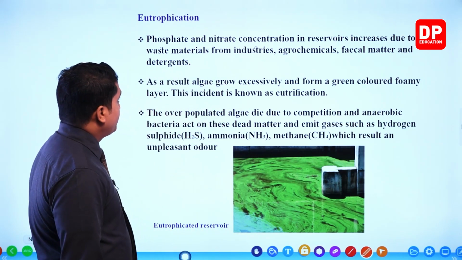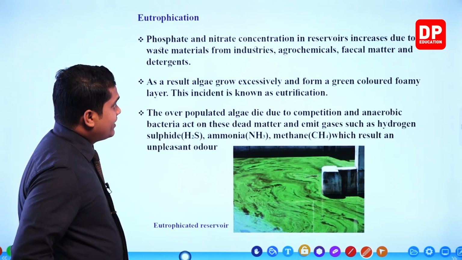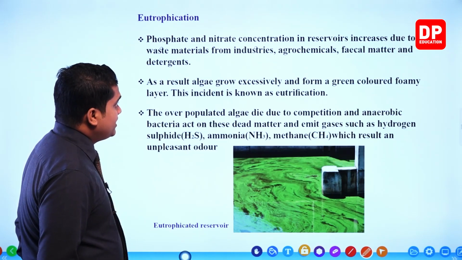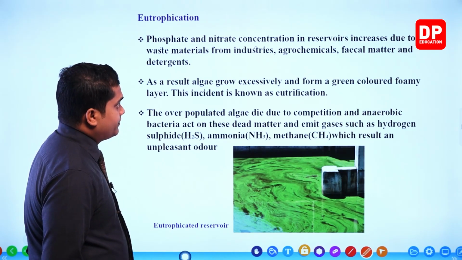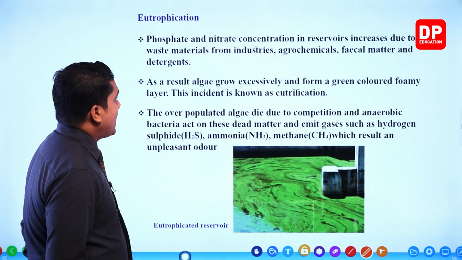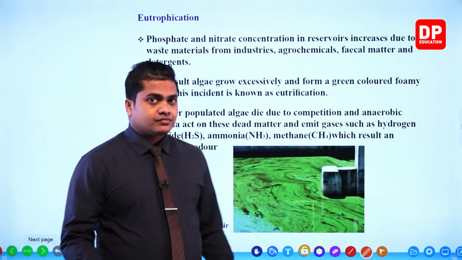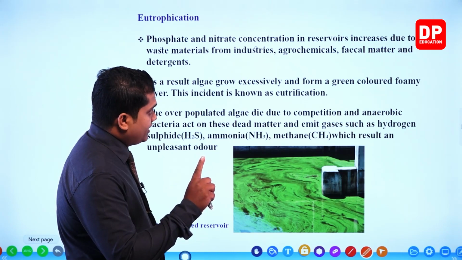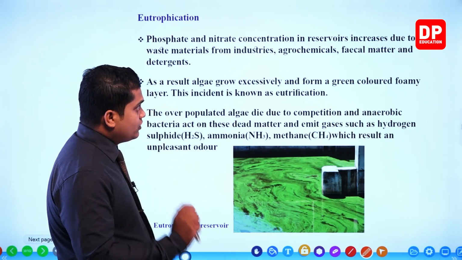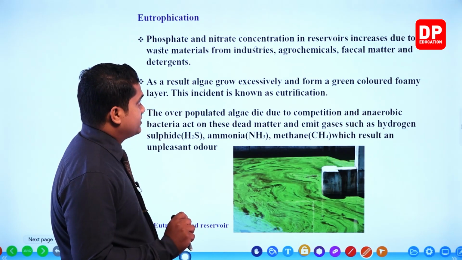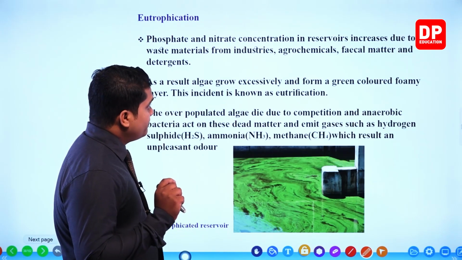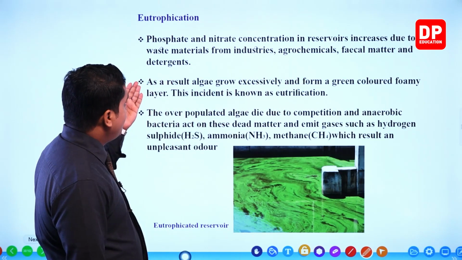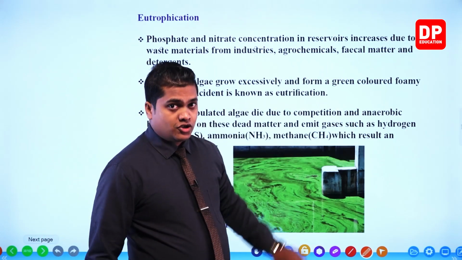Here it is given: phosphate and nitrate concentration in reservoirs increases due to waste materials from industries, agrochemicals, fecal matter, and detergents. So when we use agrochemicals and detergents, and also when removing fecal materials and waste materials from industries, these substances have the ability to collect within reservoirs, my dear children.